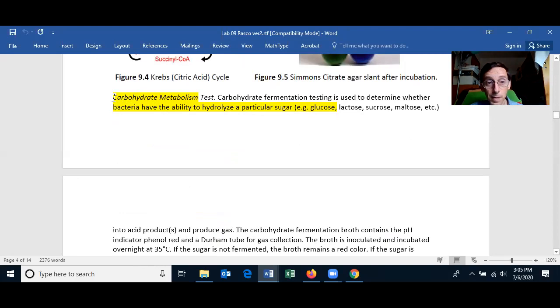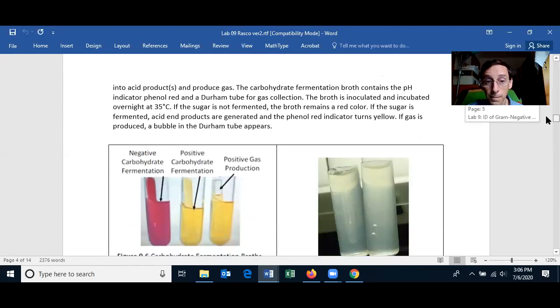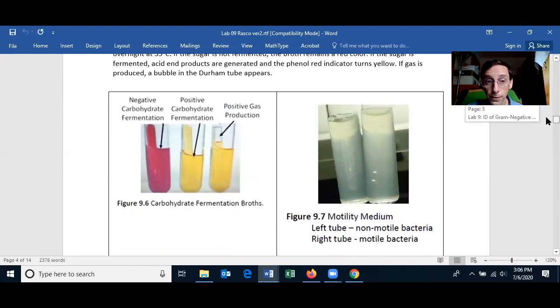And there's many different sugars you can use for this carbohydrate fermentation test, or the PR fermentation test. The ones that you can do are glucose, lactose, sucrose, maltose, and is it inulin? Okay, and there will only be that one sugar in the tube, and then you look to see if the bacteria can ferment the sugar.